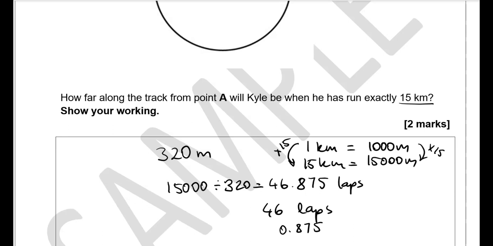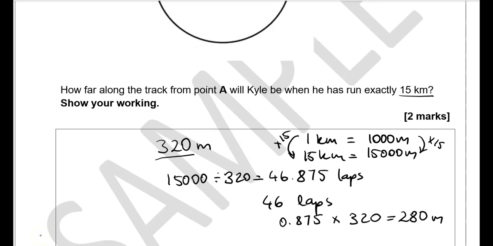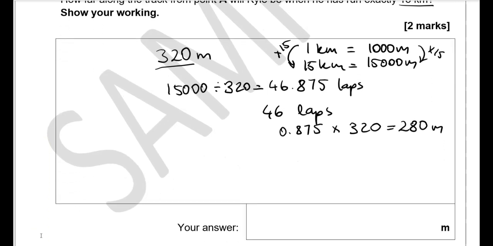So we'll work out what that means by multiplying by the full length of it, which is 320. And that gives us 280 meters. And that is how far along the track from point A Carl will be when he has run exactly 15 kilometers.